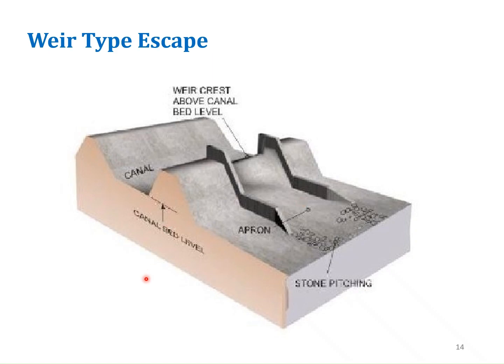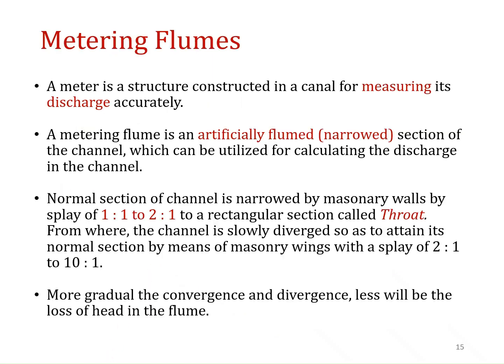Then the last thing we want to talk about is metering flume. The word meter comes from the same concept as we have electricity meter and the gas meter, which basically measure what electricity we have consumed, what gas we have consumed, because ultimately we have to pay for it. Same is here.